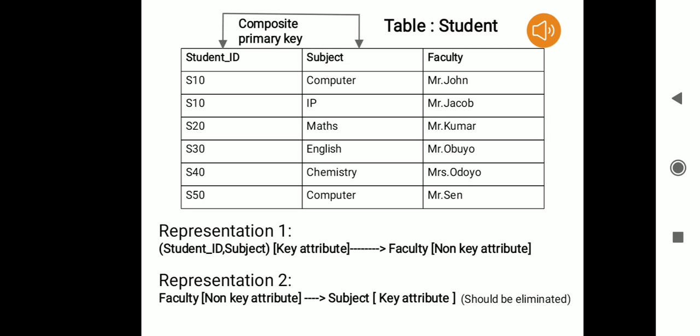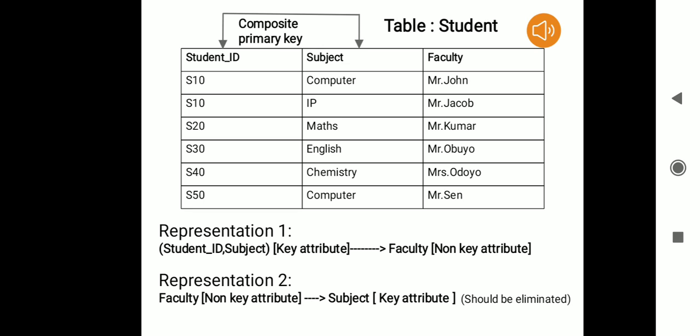That's why the attributes student ID or subject taken alone cannot become the primary key in the table student. So both the attributes student ID and subject are taken together and they form a composite primary key or a candidate key that can uniquely determine every row in the table student. The unique entries of the composite primary key are S10 computer, S10 IP, S20 maths, S30 English, S40 chemistry and S50 computer.